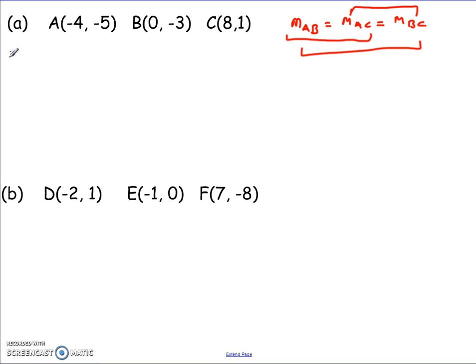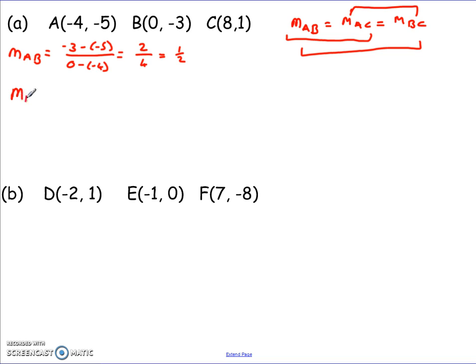So for this one, let's imagine I start with the gradient of AB. So gradient of AB, using these 2 points here, is -3 take away -5 over 0 take away -4. So -3 take away -5 is -3 plus 5, which is 2, and then 0 take away -4 is 4, so that gives me a half.